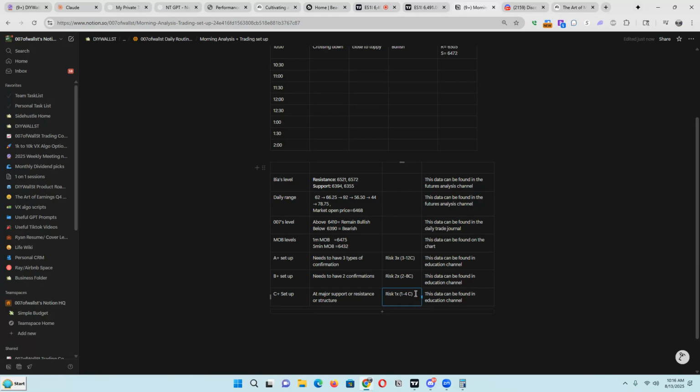So if I determine that anytime I see a C plus setup, I'm only going to risk 1 contract, then here I'm going to risk 2 contracts, and over here I'm going to risk 3 contracts. If I determine that for C plus setup I'm going to risk 4 contracts, then for B plus setup I need to risk 8 contracts, and for A plus setup I'm risking 12 contracts. That all depends on how much you define you're going to risk for the C plus setup.